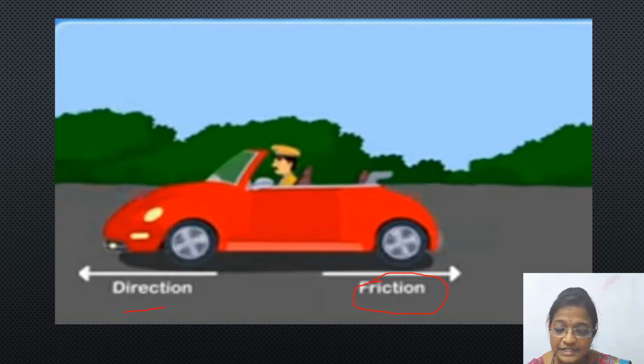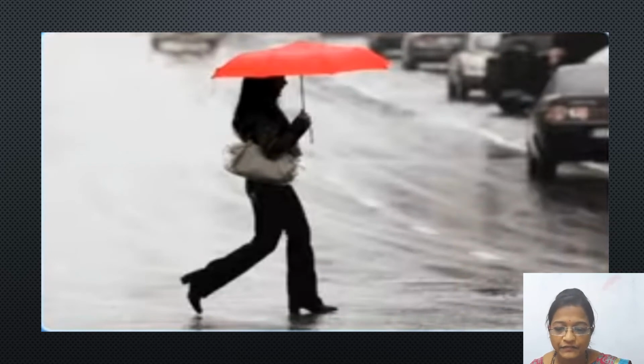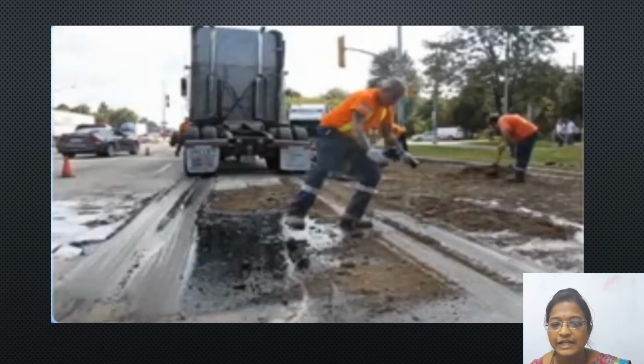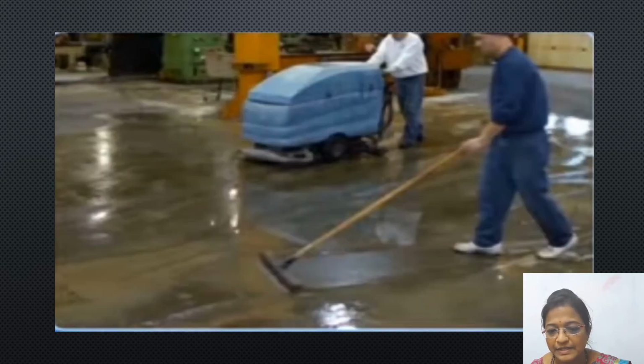It is very difficult to walk on smooth, slippery ground, or if the ground is greasy or oily. Let me show you. So here, if the ground is slippery, is it possible for us to walk? Yes, and even if the place is greasy or oily, is it possible for us to walk easily?